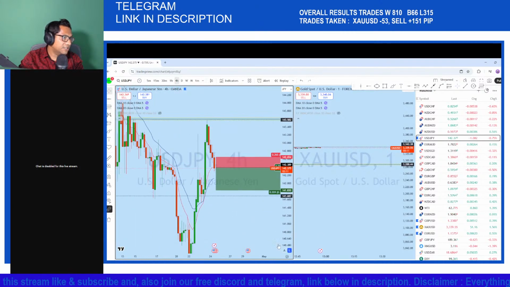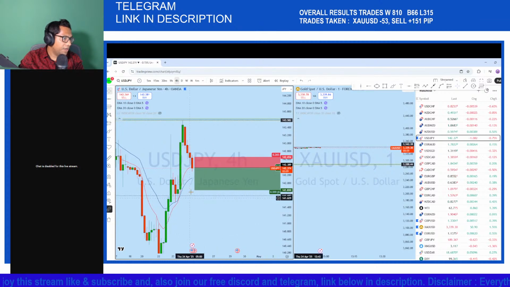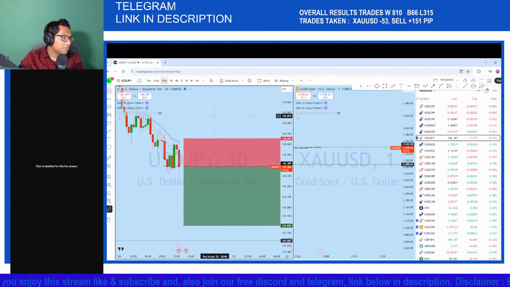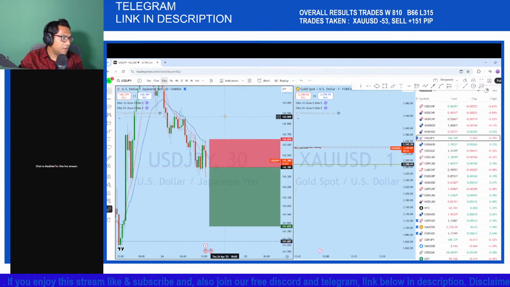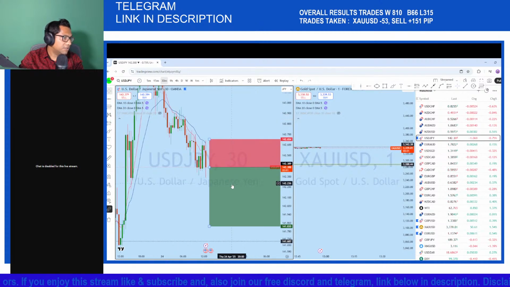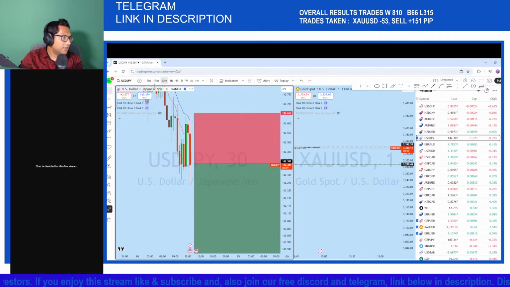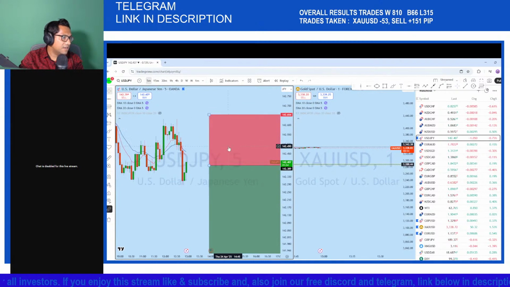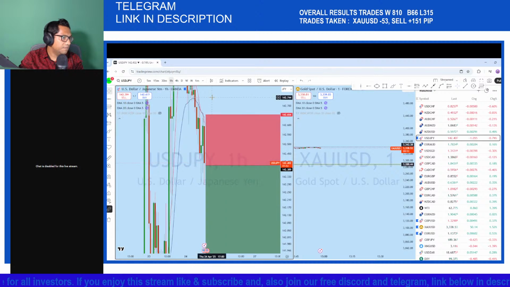We see there is a complete break here on the lower time frame, 30 minutes, with a bigger candlestick pattern. So I would like to see the market having that downtrend in this area.